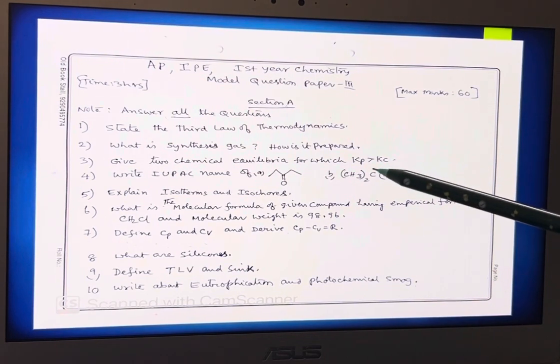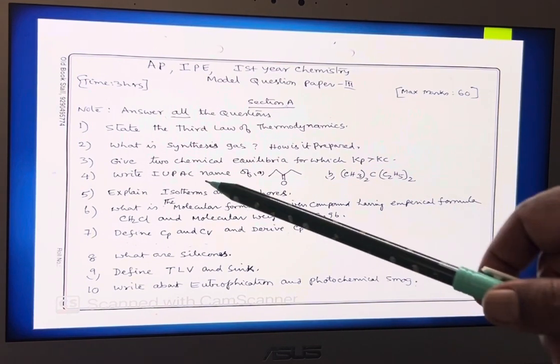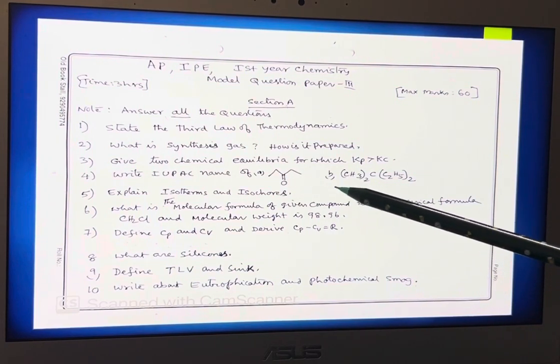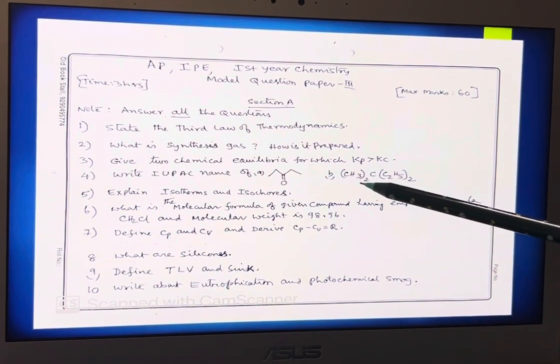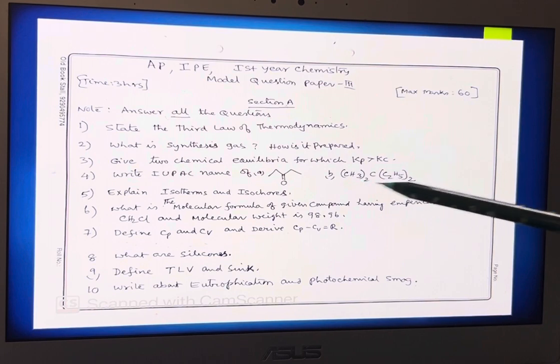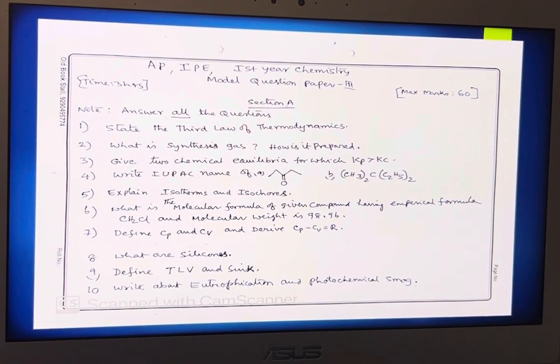That means you have to write 2 chemical equilibrium equations where Kp is greater than Kc. Write IUPAC names for these. This is 3 pentanone, I think. It is 2 ethyl, 3 methyl pentane, 2 methyl, 3.